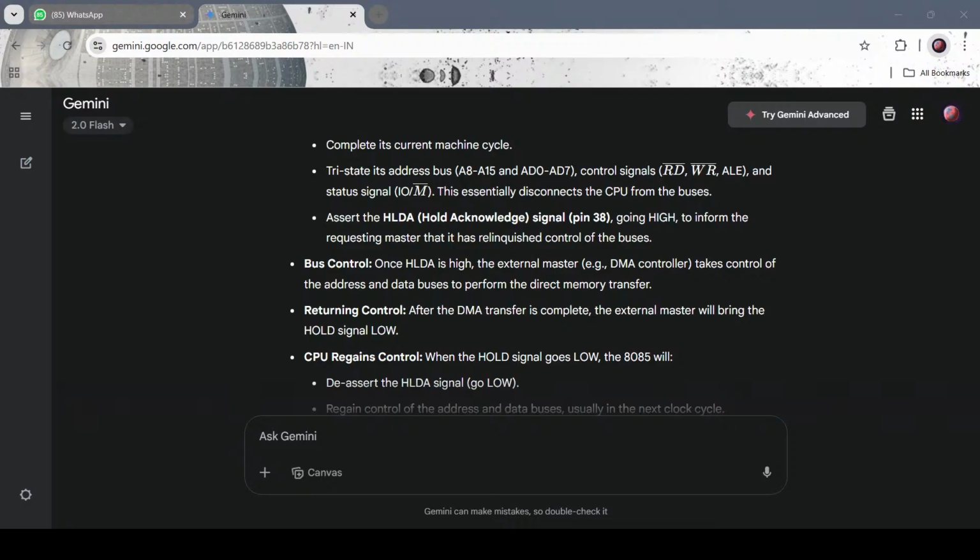So HOLD is like a request from your bro saying, give me your gym membership pass, I will do two days of workout on your behalf. So the DMA is requesting the address and data bus. Now HLDA is the output. What will you respond? Will you acknowledge it? Let's see. The signal acknowledges the hold request. You will acknowledge it. Okay.